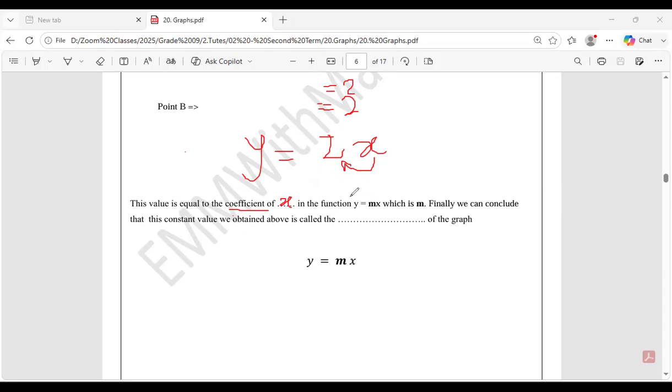So as I told you earlier, this is y equals 2x.